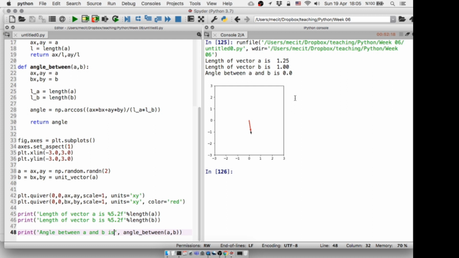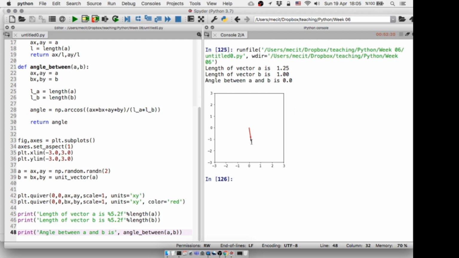Okay, because B is the unit vector along A, the angle between them is naturally 0. This is good.